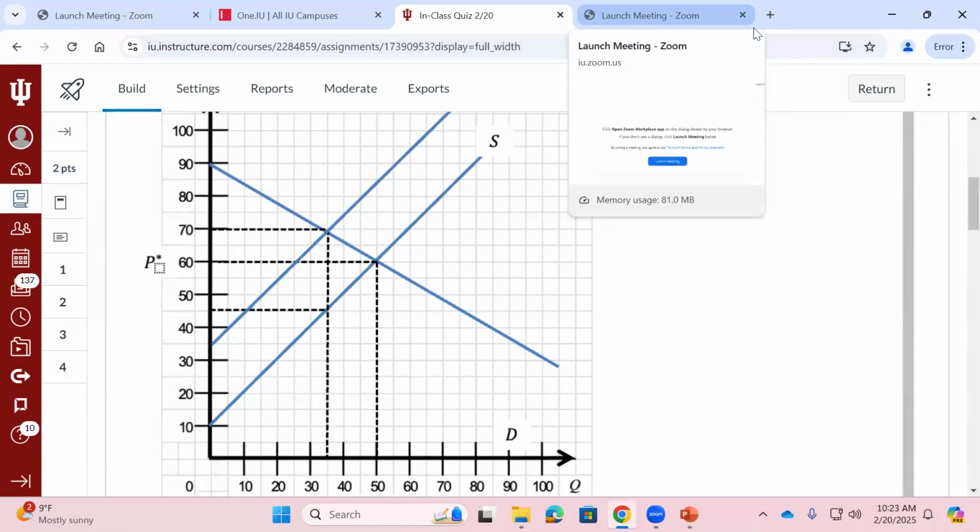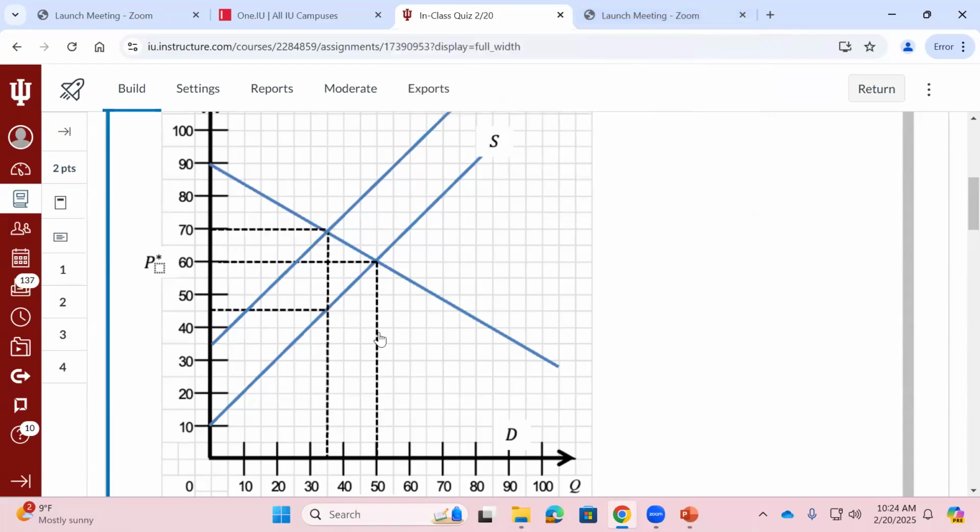But what do sellers get to keep? When I hand over $70, do they keep all of that? No, they have to pay how much to the government? We just talked about it. What was the value of the tax? $25. So they don't keep 70, they only get to keep 45. So we've got $45 being the new price that sellers get to keep.